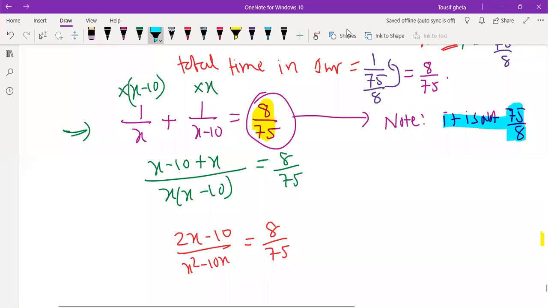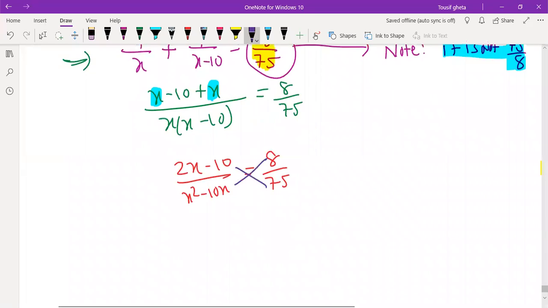So this is x plus x over 2x. Now you can go with cross multiplication. Shweta Patil, understood or not? Vindhya understood? 75 2s are 150x. 75 10s are 750.